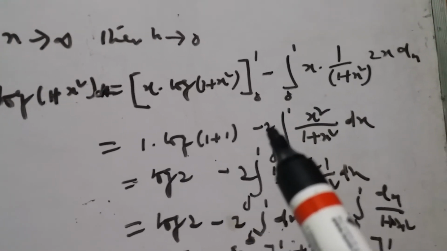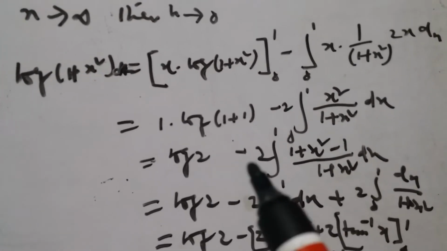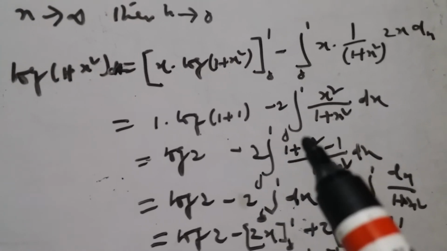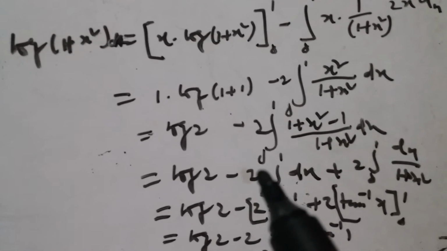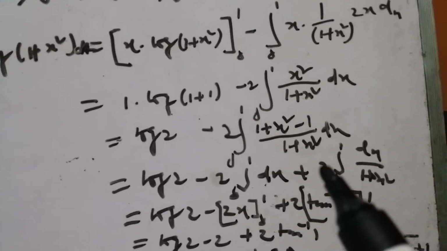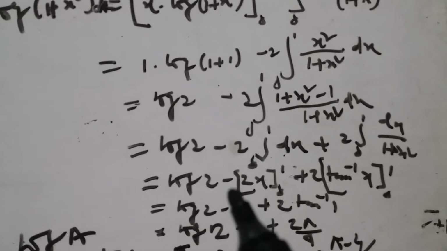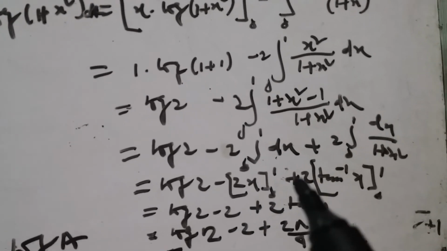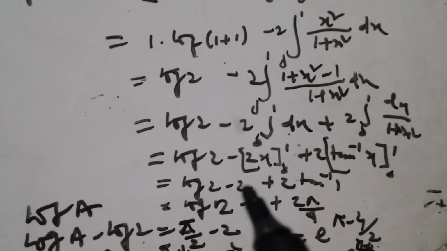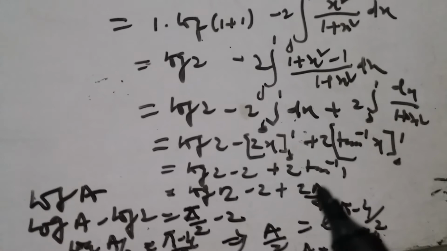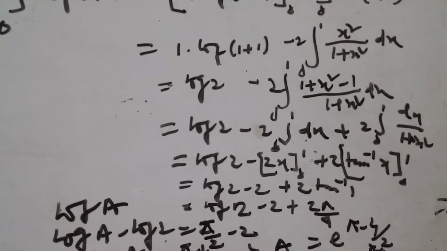That gives log 2 minus 2 times the integral from 0 to 1 of x^2/(1 + x^2) dx, which is log 2 minus 2 times the integral of ((1 + x^2) minus 1)/(1 + x^2) dx, which is log 2 minus 2 times the integral of dx plus 2 times the integral of dx/(1 + x^2). That is log 2 minus 2x from 0 to 1 plus 2 tan inverse x from 0 to 1, which is log 2 minus 2 plus 2 tan inverse 1, and tan inverse 1 equal to pi/4.